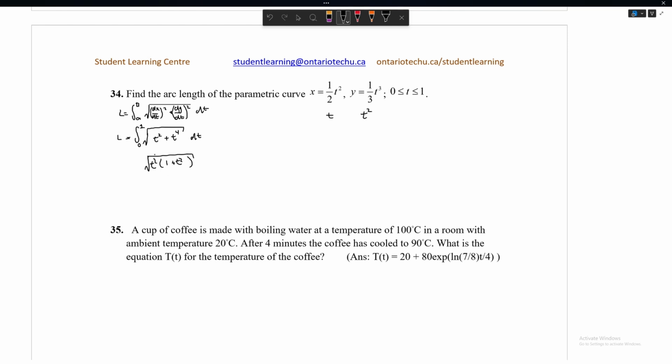And then you take the square root, so you get the integral from 0 to 1 of t times the square root of 1 plus t squared. Here, secant squared x equals 1 plus tan squared x. That means your t equals a tan x. What's your a? It's just 1.